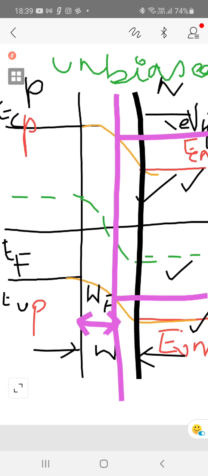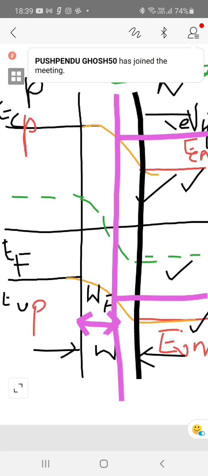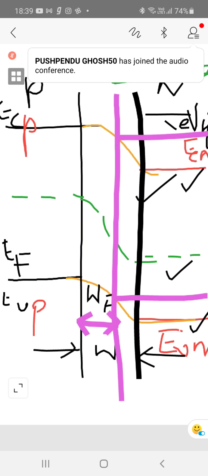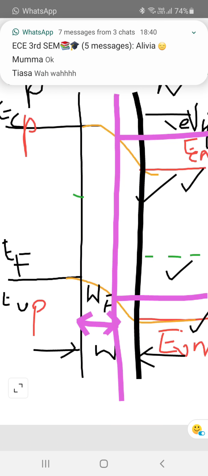We are just saying the relative change. What happens is that this E, I'm rubbing out things to redraw them.